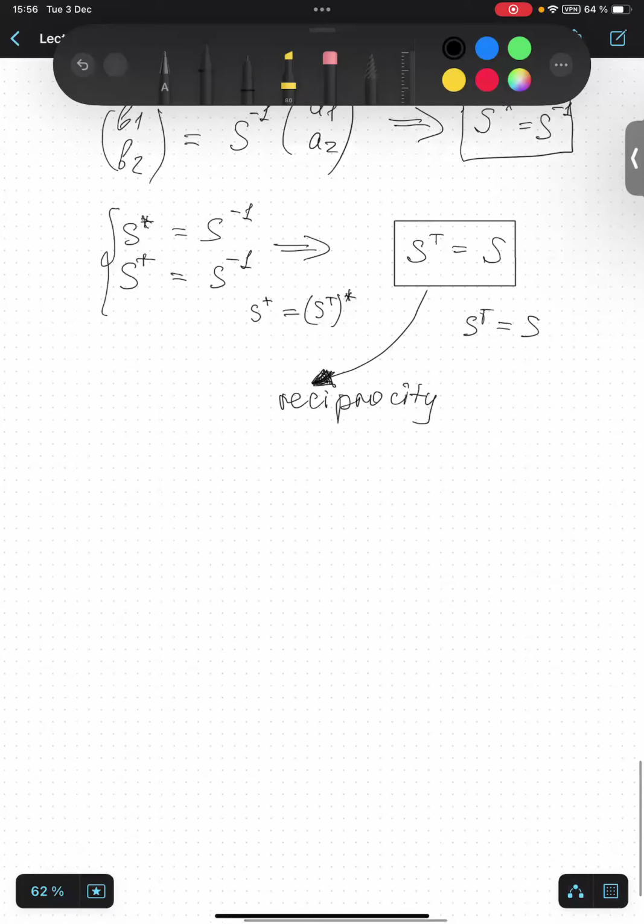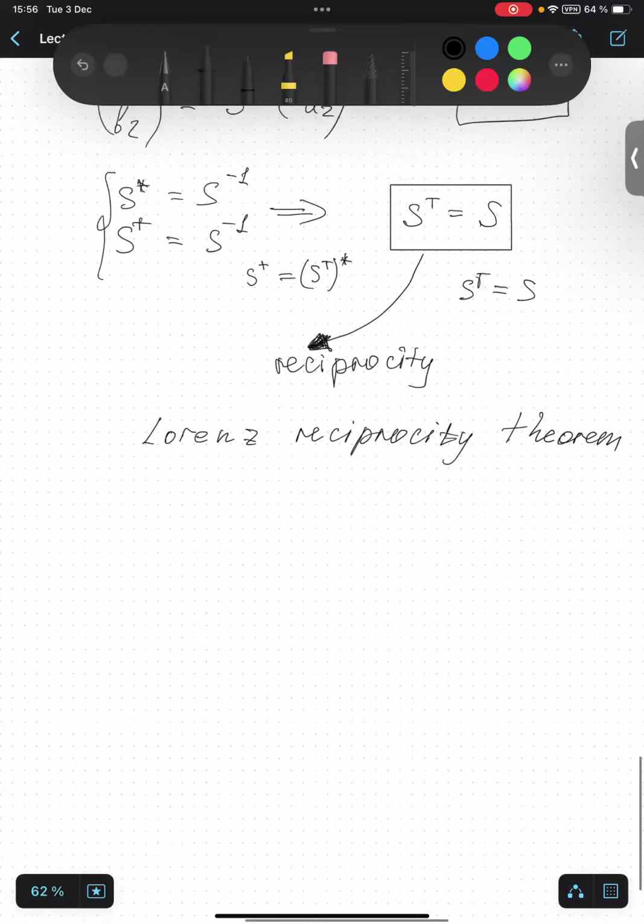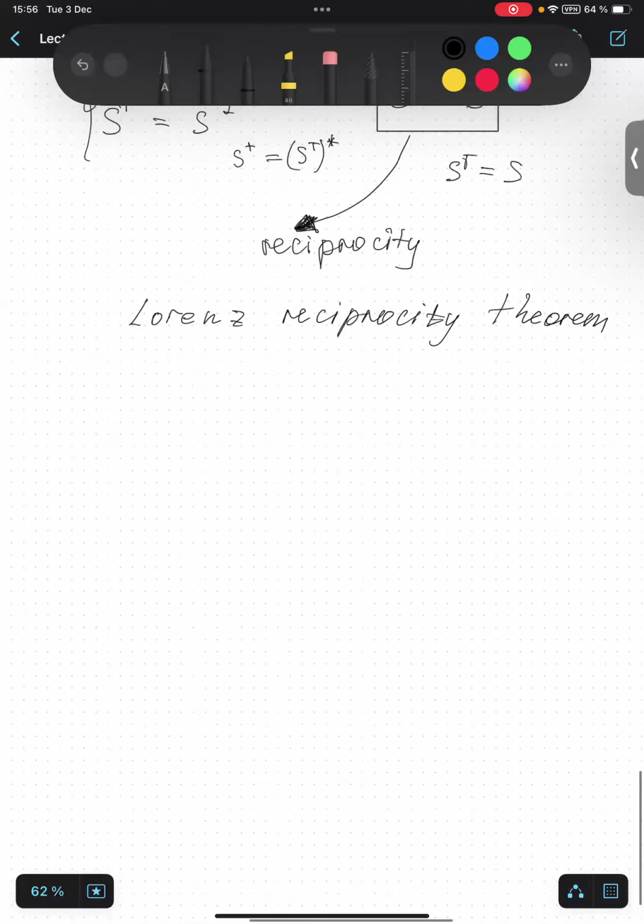And it is called Lorentz reciprocity. Yeah. Maybe some of you already know about the reciprocity theorem, but let's show it from Maxwell's equations.